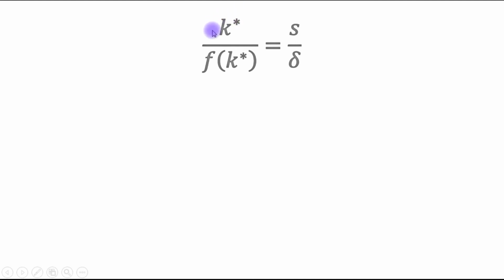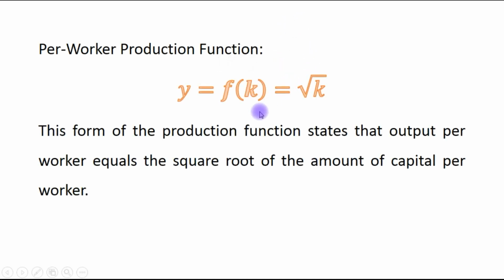We need to find this steady state level of capital, but to find this we need the values of F(K star), saving rate and depreciation rate. So here we have our per worker production function in which we have stated that F(k) equals root k.